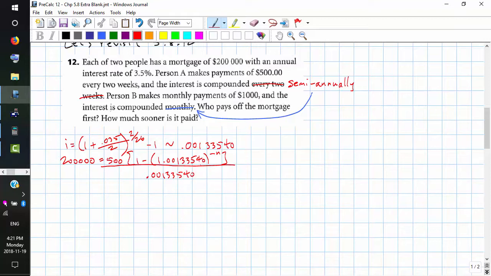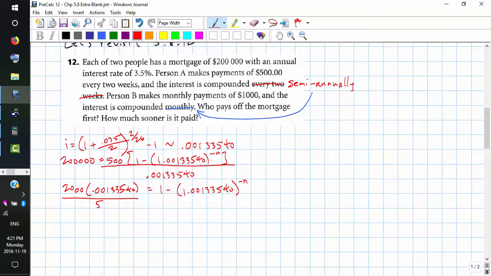0.001335540. Okay, we're going to take these over to the other side, and we're going to have to flip them from numerator to denominator and denominator to numerator. I'm going to lop off a couple zeros here. So we have 2,000 times 0.001335540 over 5. Now that will equal this remaining bit, 1 minus 1.001335540 to the power of negative n.